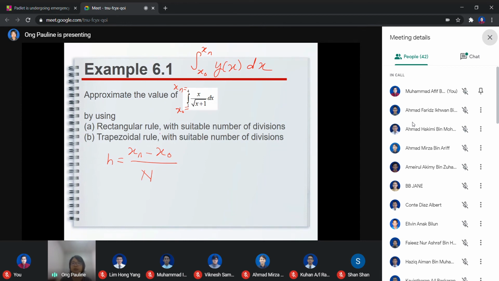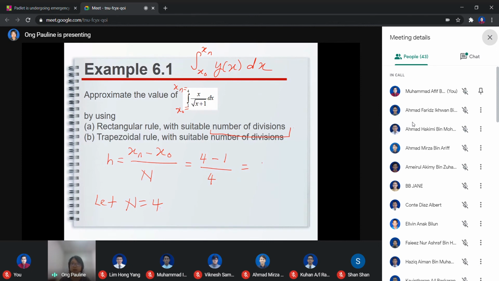For the rectangular rule, the number of divisions n can be any value. So let n equal 4. I will have upper bound 4 minus lower bound 1, divided by n equals 4, so you have 3 over 4, 0.75.